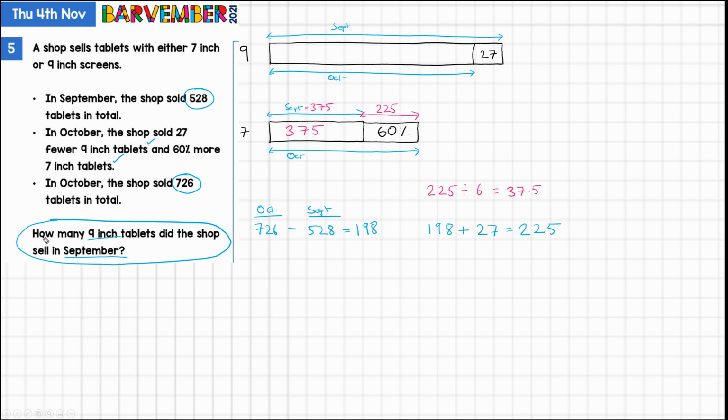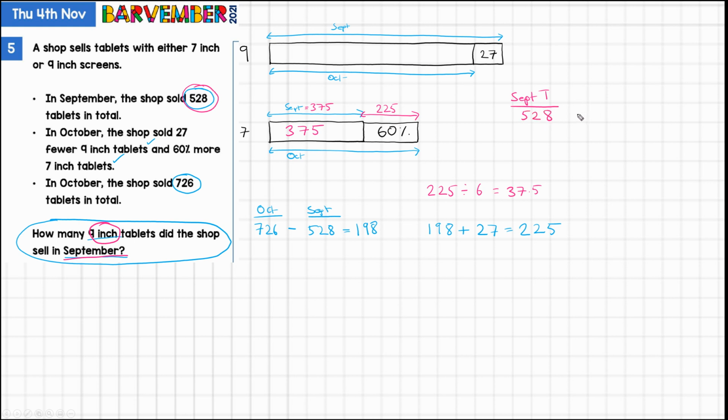And let's go and have a look. What are we asked? We're asked how many 9-inch tablets did the shop sell in September? Well, we do have the September total, don't we? That's the September total. And we have how many 7-inch tablets were sold in September. So we've got the September total, which is 528.